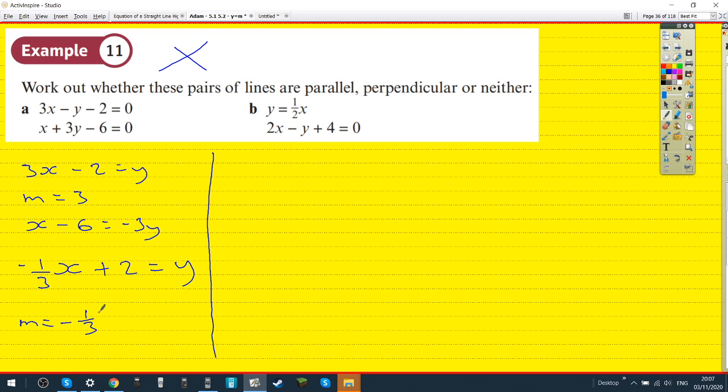3 and minus a third, are they parallel? They're definitely not, because they're not the same. They have to be the same number. When you multiply 3 by minus a third, what do you get?